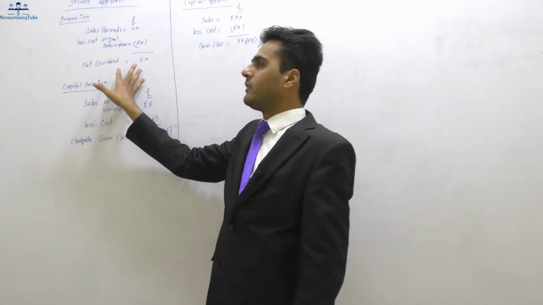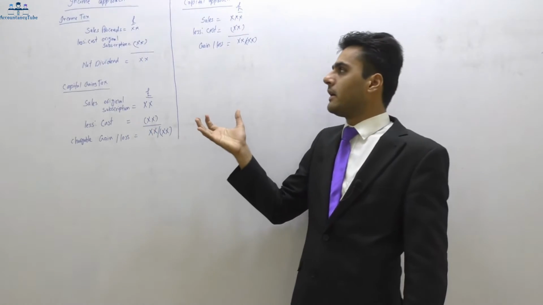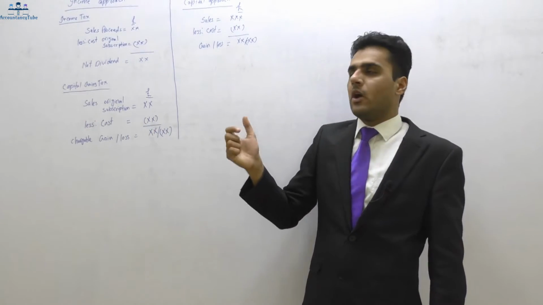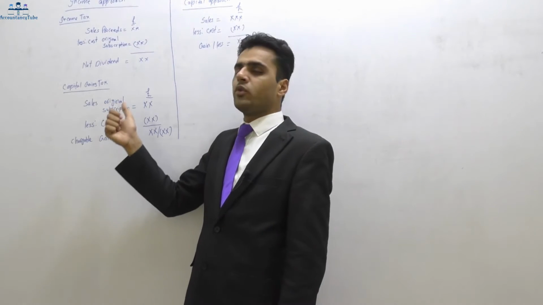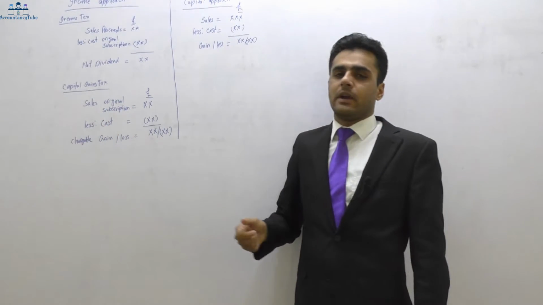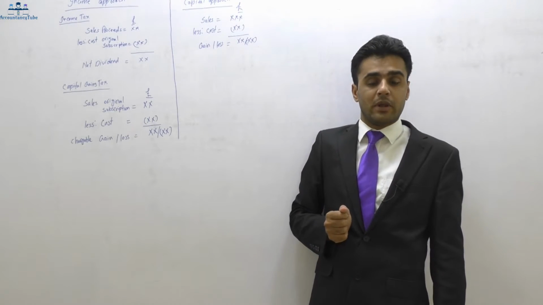Whatever the net amount is, it will be considered as a dividend for the income approach. Whenever the company is buying back its own shares, most of the time it will be considered that the company is paying a dividend, whatever is in excess of the original subscription price.